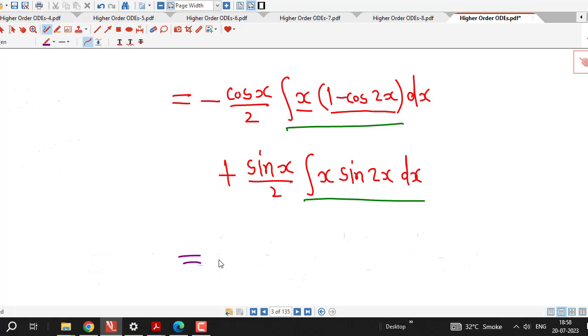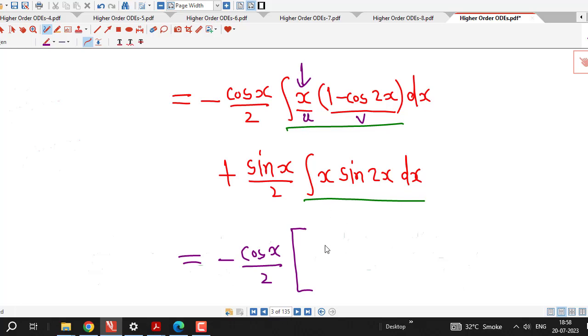Let me write this minus cos x by 2 as it is, and here I will consider u equal to x and v equal to 1 minus cos 2x, because derivative of x will be 0 after second derivative.